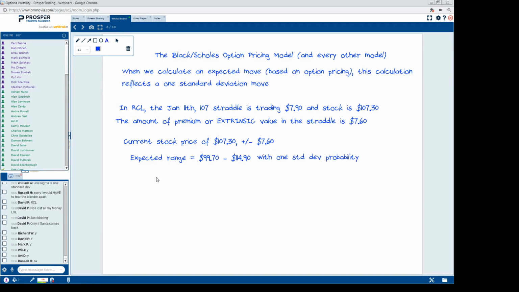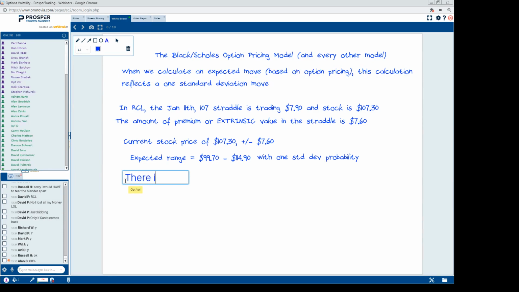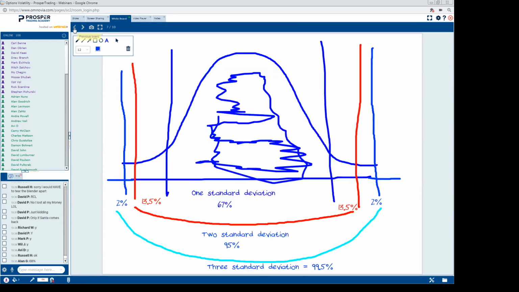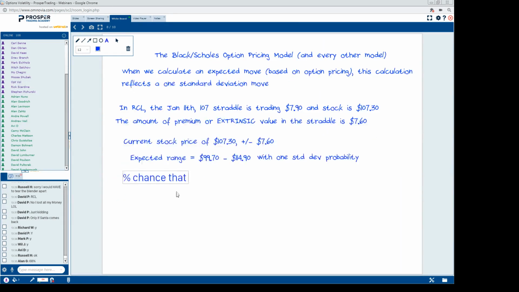So basically the market is saying there is a 67% chance, or 68% chance, what did I use on the last page there? I used 67, so I'm going to stay consistent. 67% chance that RCL will trade in this range in this time frame.